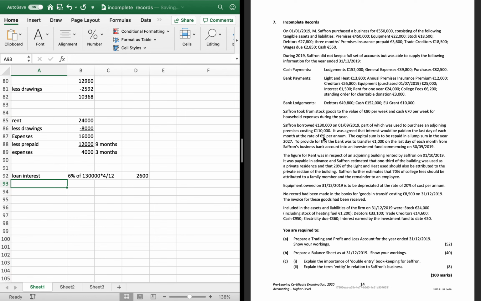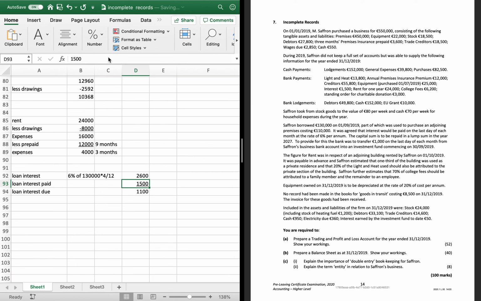So we have to do two things here. We have to work out what's due. The amount that's due is the loan interest for the year minus whatever you've paid. So you go back up to the one we skipped, the 1,500, and that gives us 2,600 minus 1,500, which is 1,100.